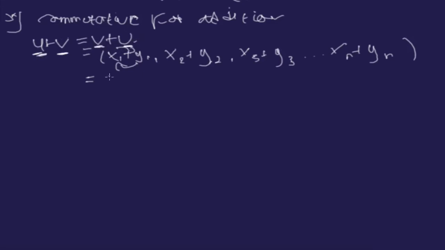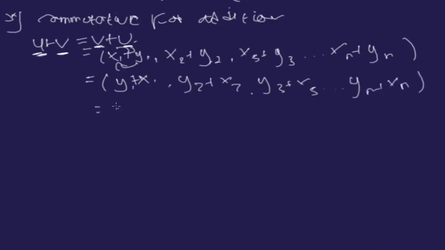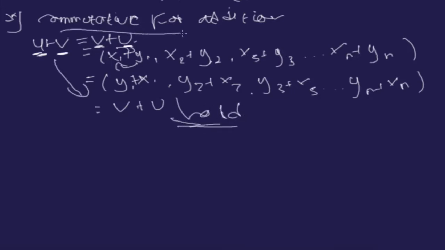So it will be y1 plus x1, comma, y2 plus x2, comma, y3 plus x3, up to yn plus xn. It proves v plus u, so it holds the commutative property for addition.